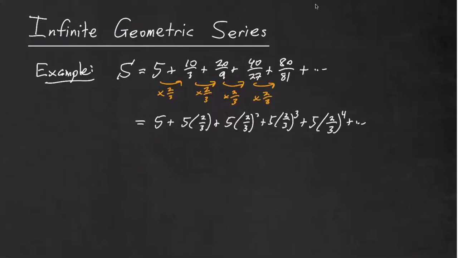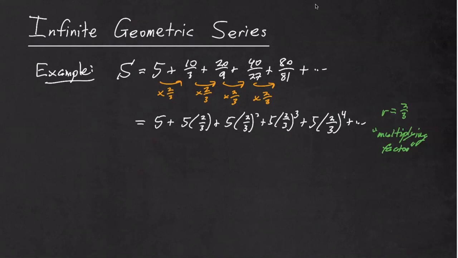Remember, this is called a geometric series when you multiply by the same multiplying factor. So r equals 2/3 here. That's how we move from one term to the next.